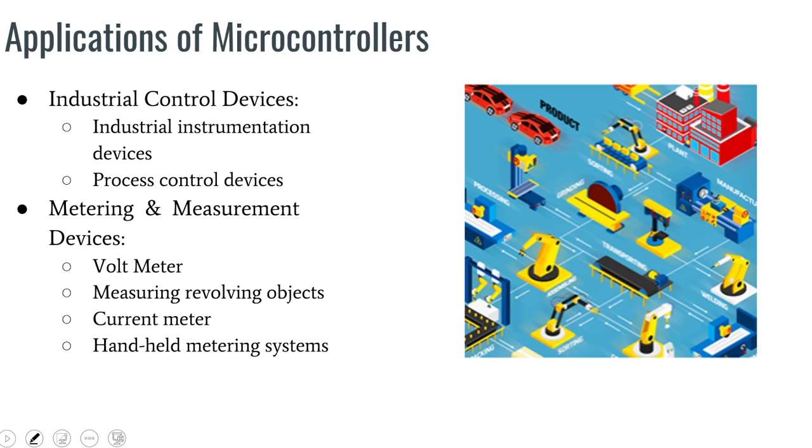Then we may even find these in things like metering measurement devices like voltmeters, current meters, a lot of other handheld devices, a lot of embedded applications. We very commonly come across microcontrollers.